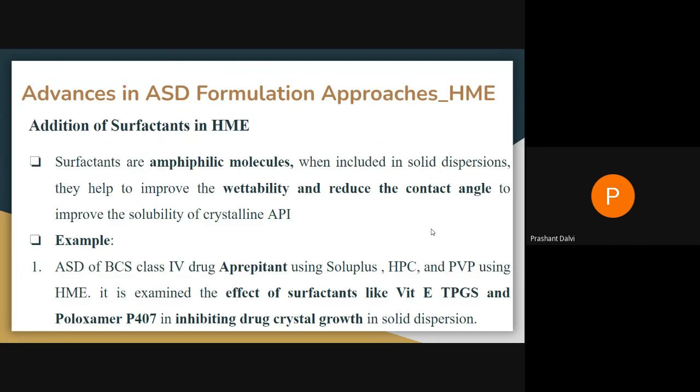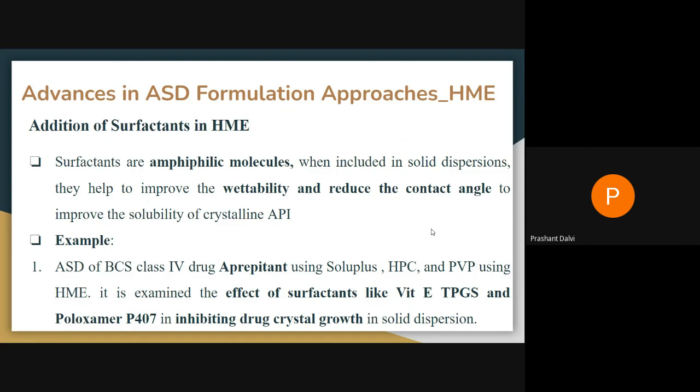Another advance is the addition of surfactants, same as in the spray drying technique. Here in hot melt extrusion technology, you can add different types of surfactants to improve the viability of our formulations, yes or no?